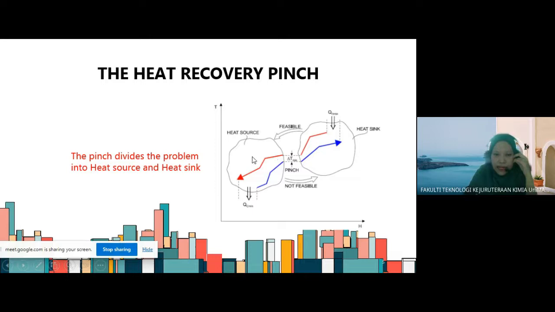But what happens below the pinch? The process acts like a heat source where the heat from the process is rejected to the cold utility. So basically, the pinch divides the problem into heat source and heat sink. So this is heat sink and this is heat source. Okay.